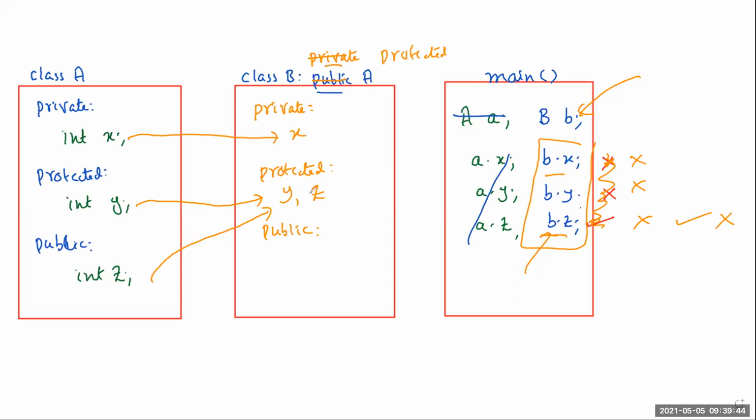And the first thing you told me when we started this discussion was that from the main you cannot access protected or private. So X is private, Y and Z are protected, so you cannot access any of the three. It means whether you are writing protected or private, you are not able to access Z in both cases. You are able to access Z only when you are doing public inheritance. So none of these is accessible.